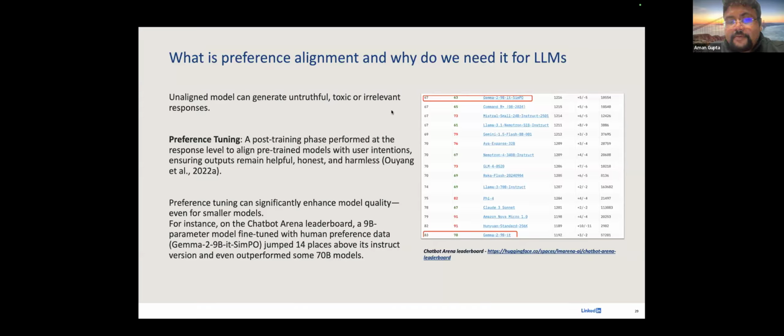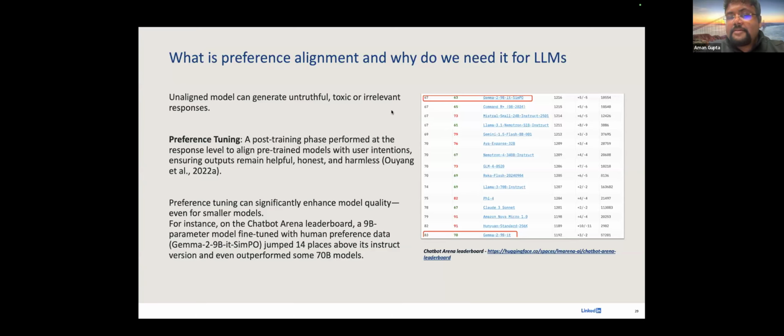On the right side, we're showing the Chatbot Arena leaderboard, where using high quality human preference data, you can have a very small model compete with much bigger models, at least in terms of being faithful to certain questions in the prompt and following instructions.